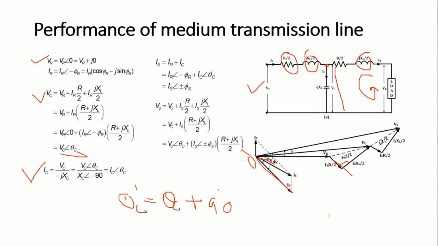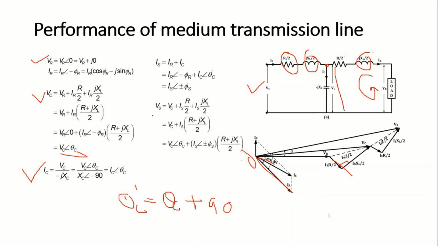At this point, applying the KCL rule, IS is equal to IR plus IC, where IR is IR angle phi R and IC is IC angle theta C dash. In equivalent form, IS is equal to IS angle plus or minus phi S.